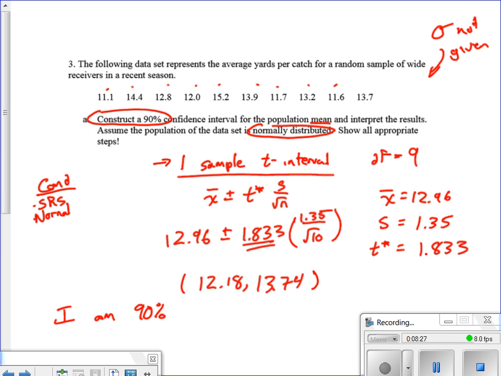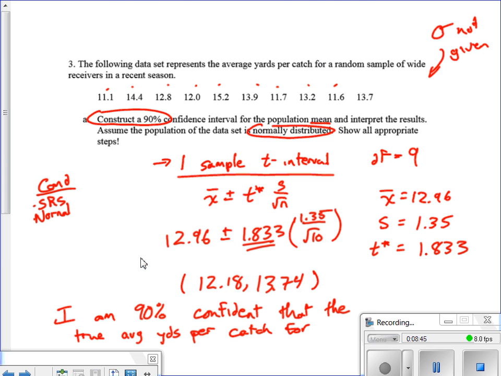This is also important. Some of us are not quite sure how to write this. Write it this way: that the true average yards per catch for all receivers. We're making a claim about the population.